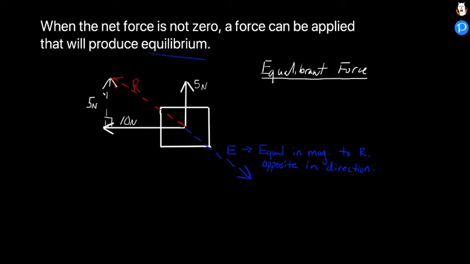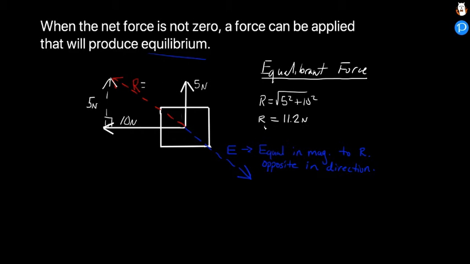And so now I can use some trigonometry to solve for the magnitude of my resultant vector, which is R equals the square root of 5 squared plus 10 squared. Crunch the numbers on that, and we get a resultant vector of 11.2 newtons.